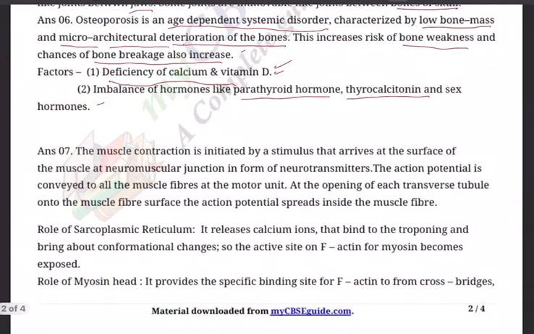Next, question number 7. The muscle contraction is initiated by a stimulus that arrives at the surface of the muscle at the neuromuscular junction. See, nervous system plus muscular system, neuromuscular junction, in the form of neurotransmitters. Remember acetylcholine, the chemical that is present in the dendrite of the head portion of the neuron, and we call this chemical a neurotransmitter, which transmits the signals to and fro.